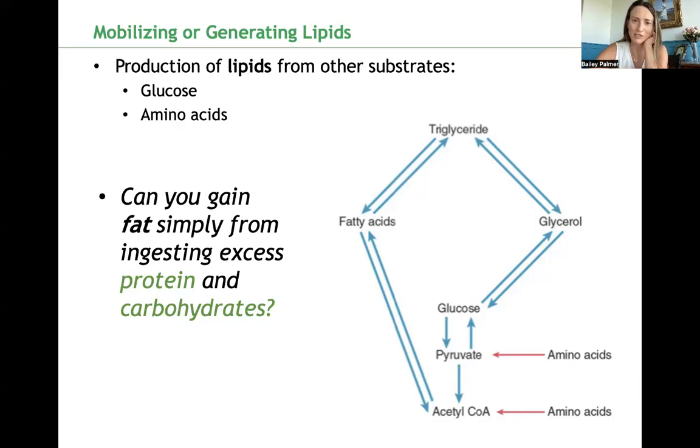Well, that process can also happen in reverse, so we can have acetyl-CoA turn into a fatty acid. We know fatty acids are stored as triglycerides. Same thing here, pyruvate can turn into glucose, which can turn into glycerol, which makes up our fatty acids. So basically, whatever we consume, protein, carbs, can always be stored as fat mass.